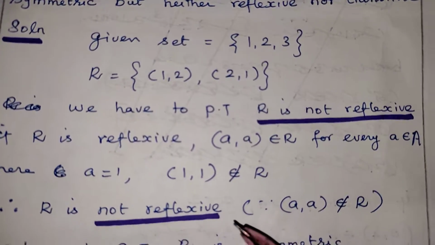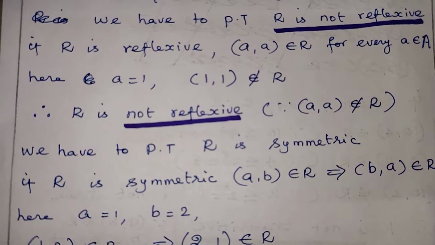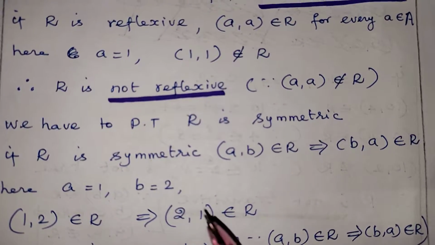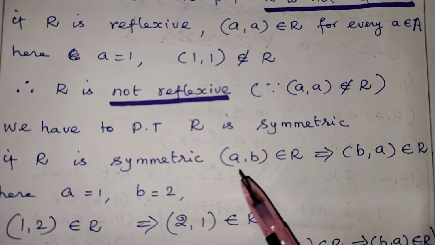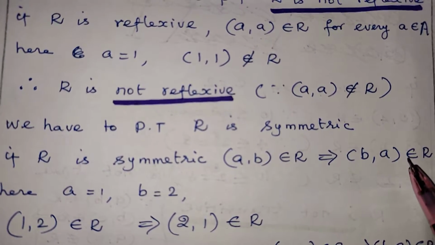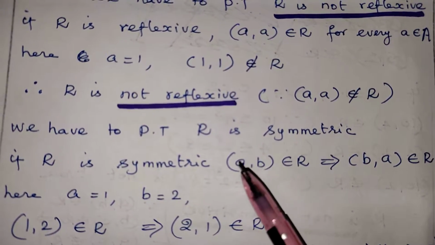Now another condition: we have to prove that R is symmetric. If R is symmetric, then we know the condition: (a, b) belongs to R implies (b, a) belongs to R. Then the given relation is symmetric.